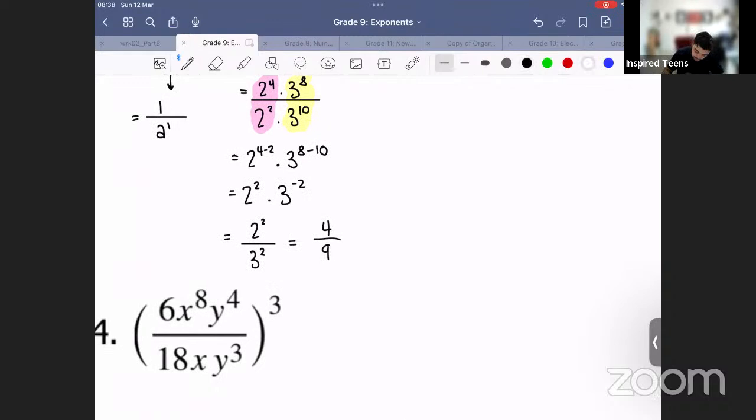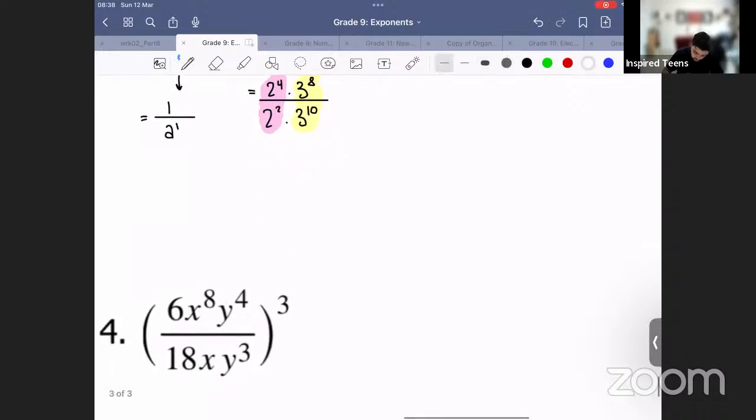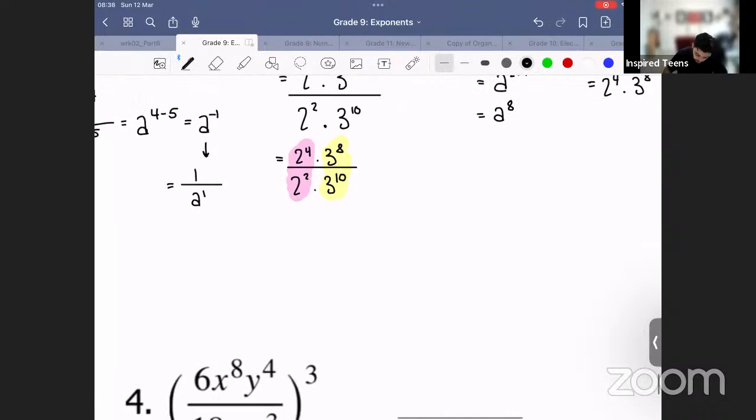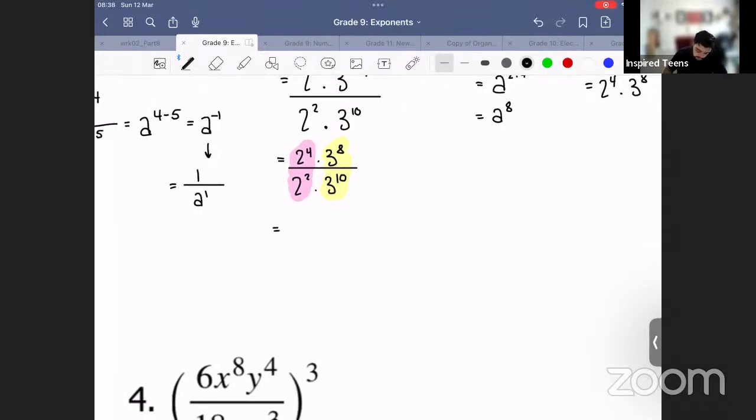Okay, so in this case, again, once we reach this stage, we're going to be following the rule of same bases. Same bases, different exponents in division. So we keep the base the same and we subtract the exponents.